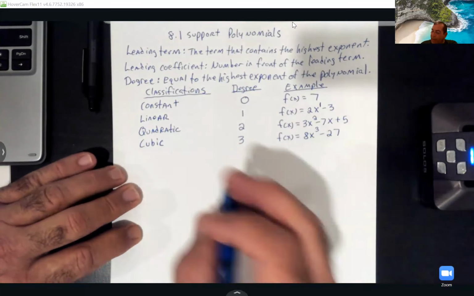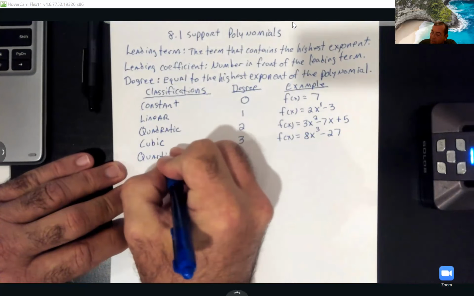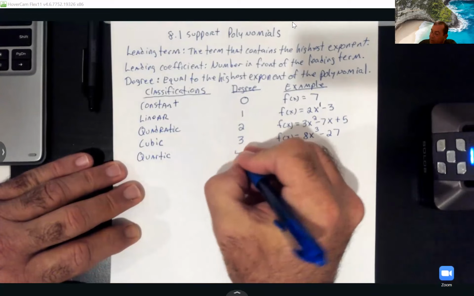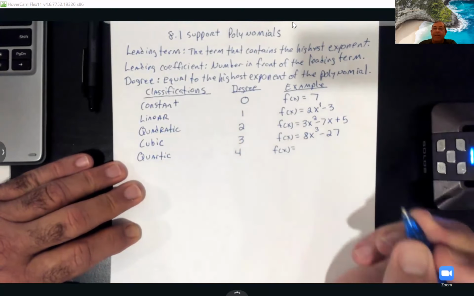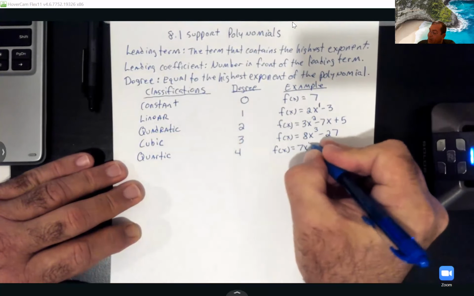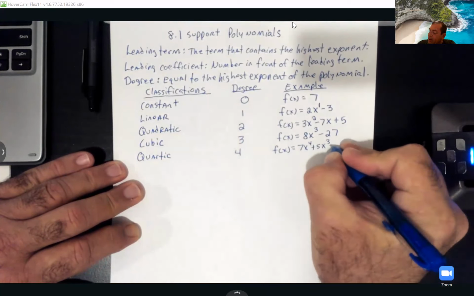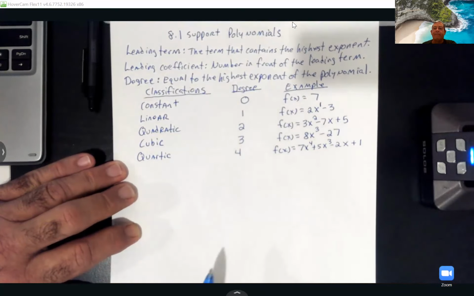And y'all, one more we got is quartic. So quartic would be a degree 4. An example of a degree 4 would be something like 7x to the 4th plus 5x to the third minus 2x plus 1.